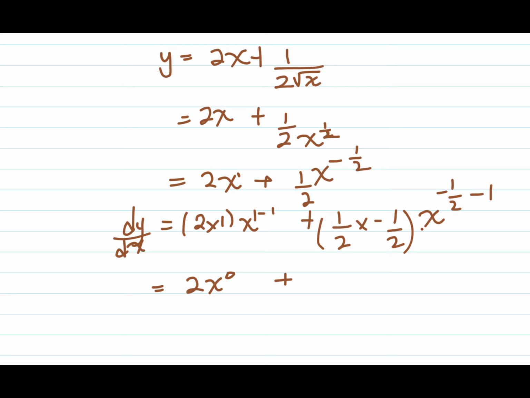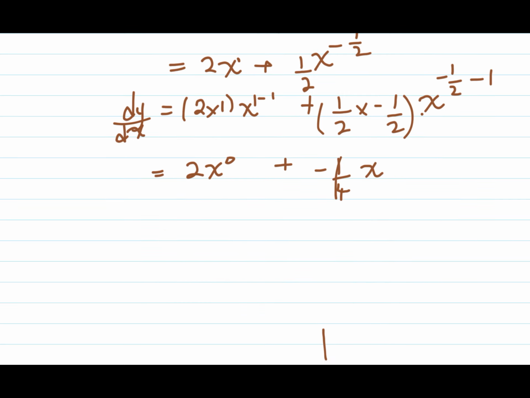Plus, use your calculator for this part. We have negative 1 over 4 x to the power negative 3 over 2. Now we just write it nicely.